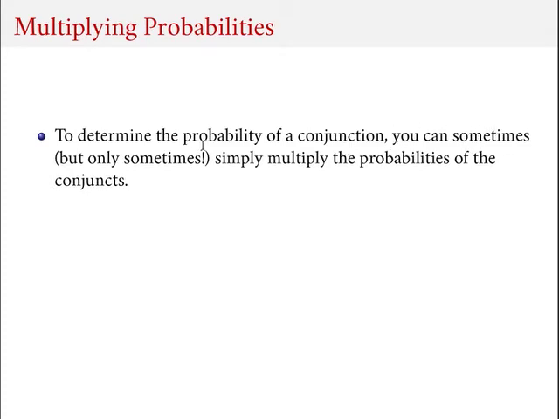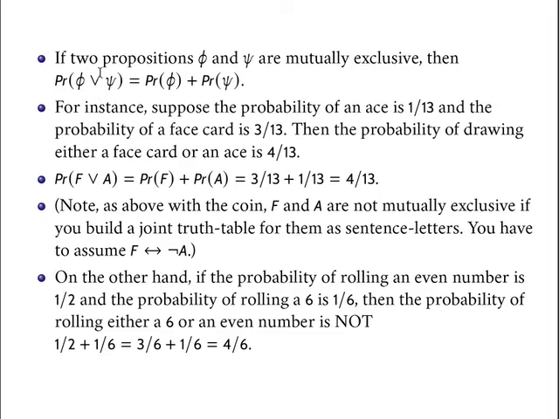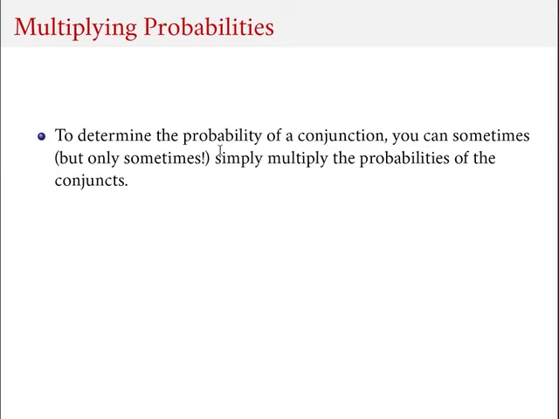So to determine the probability of a conjunction, you can sometimes, but only sometimes, simply multiply the probabilities of the conjuncts. And just like I will give you a fuller rule next week to calculate disjunctions where you do not have mutual exclusivity, in the next lecture in a couple of days, I will give you a rule for calculating conjunctions which do not satisfy this special condition. But for now, let me just give you this initial rule.